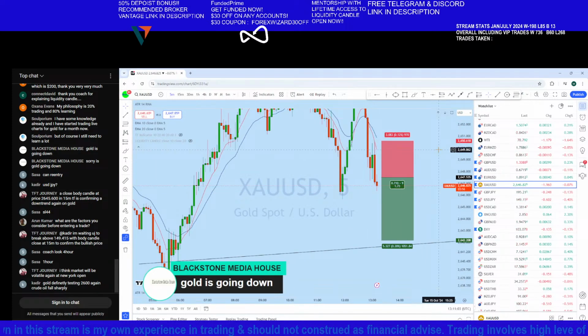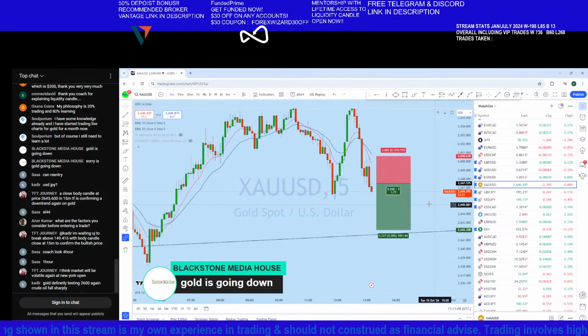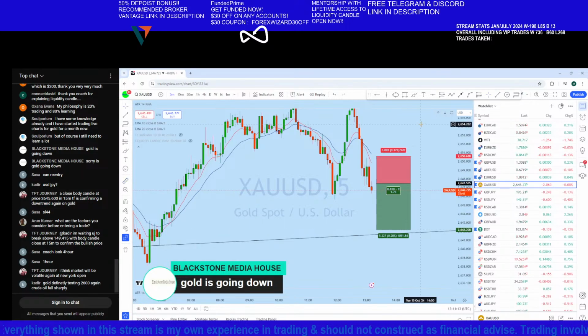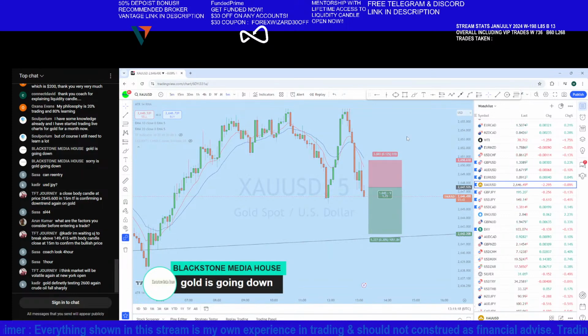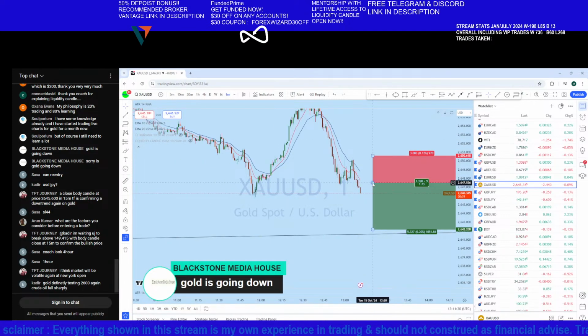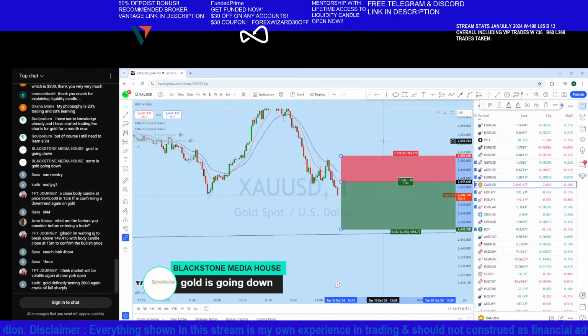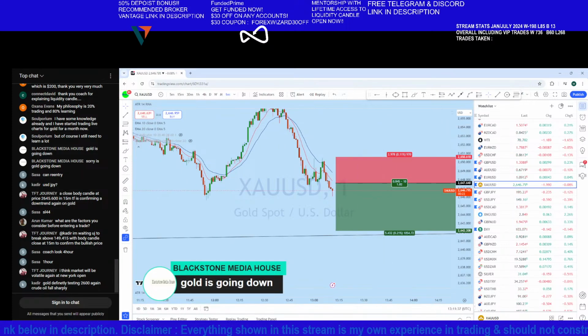I'm expecting this market to drop to that level, with an expectation to drop 53 pips or even more. If we look at the 1 minute, we can see some bearish price action, so I'm waiting for it to gain some momentum here.